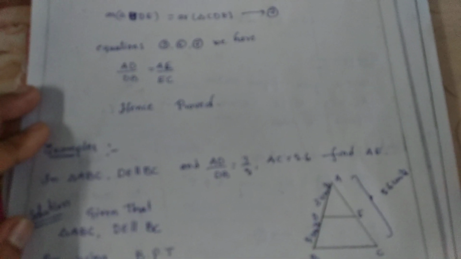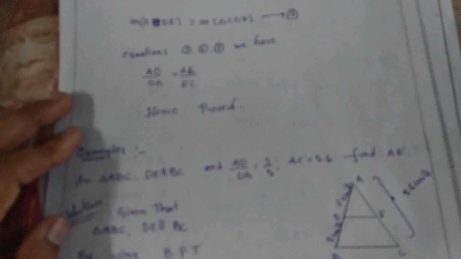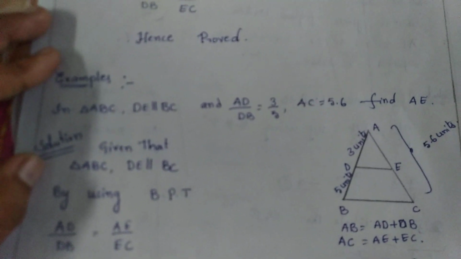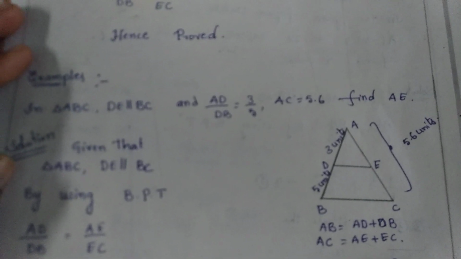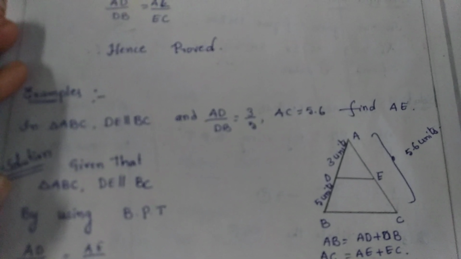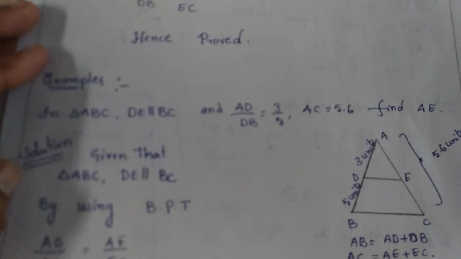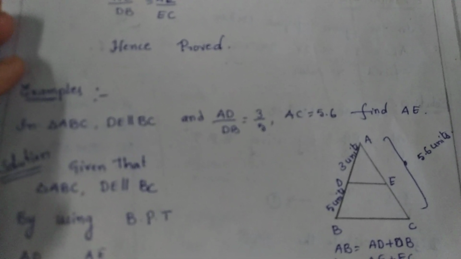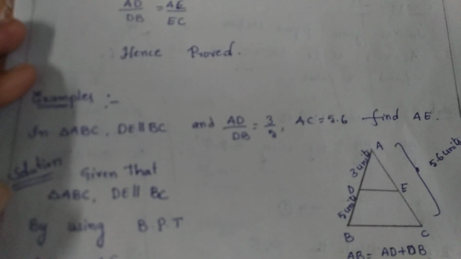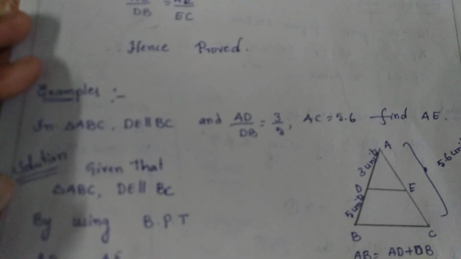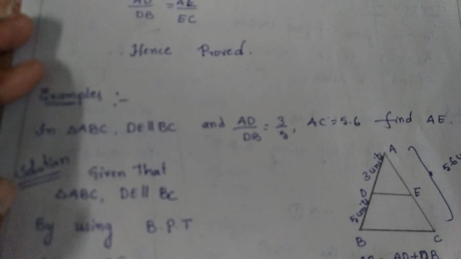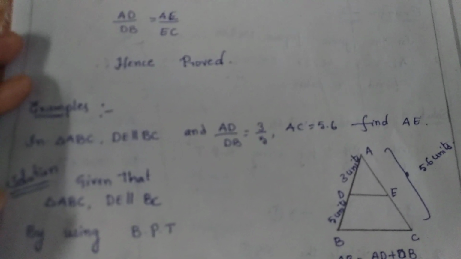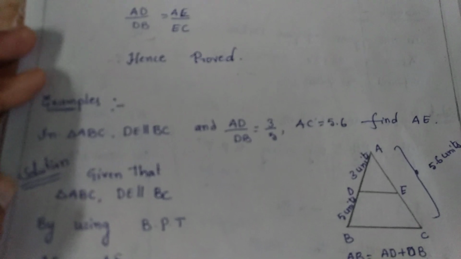Find AE. Take triangle ABC, draw the line DE parallel to BC, with AD equal to 3 units, DB equal to 5 units, AC equal to 5.6 units. Then find AE and EC.